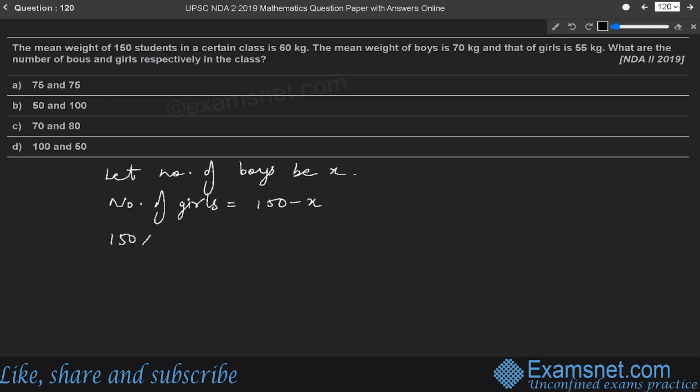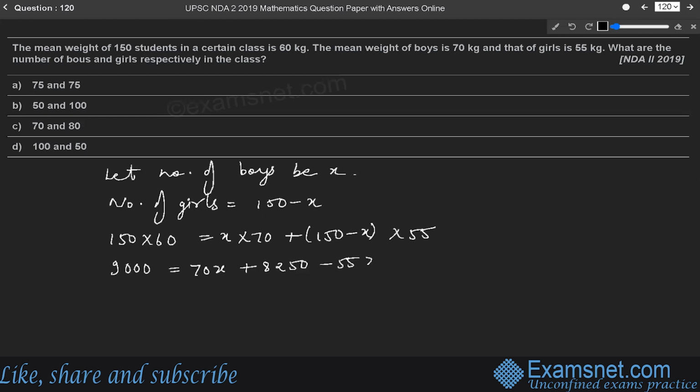Therefore, 150 into 60 will be equal to x into 70 plus 150 minus x into 55. So 9,000 will be equal to 70x plus 8,250 minus 55x.